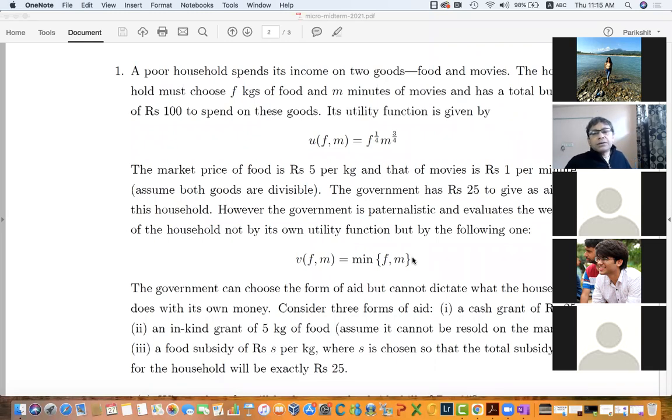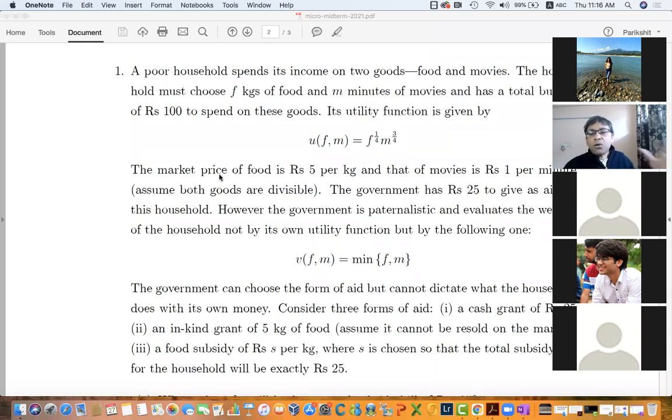Let me say this. There's a deadweight loss. If you unpack that in this context, what that means is, take this problem, right? If the government is giving the aid, it will give it in the form of subsidy, and that will be distortionary and have a deadweight loss. What that means is the government and the household could, in principle, enter into an agreement where the government hands over the 25 rupees in cash and the household commits to a certain minimum food consumption.